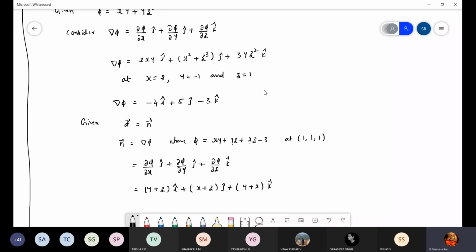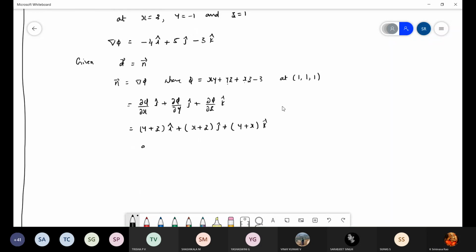And now at 1, 1, 1, that is x equals 1, y equals 1, and z equals 1, n is nothing but d, the directional vector, that gives 2i plus 2j plus 2k. Correct?